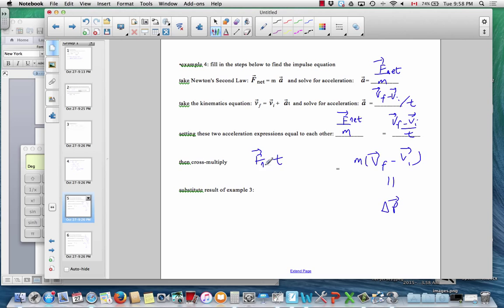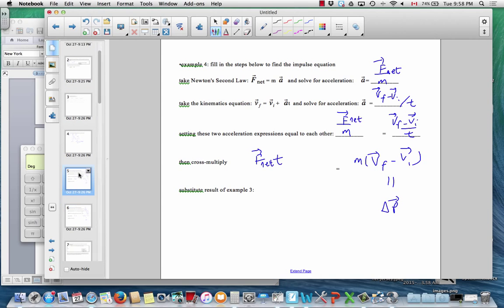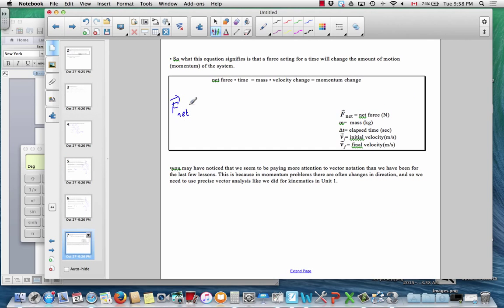There we go. So we'll put the F net back there. So net force times time is mass times velocity change is the change in momentum.